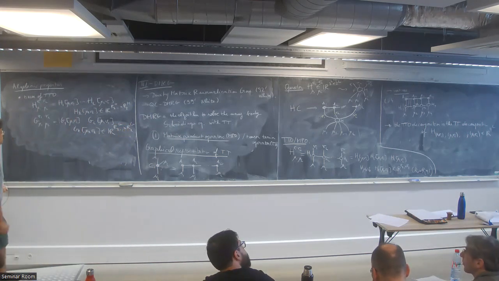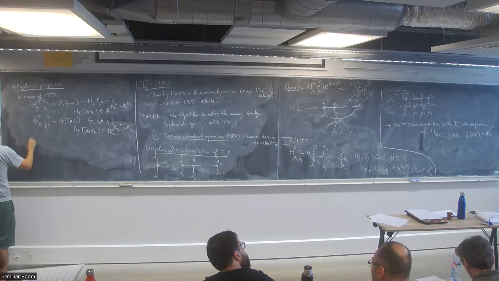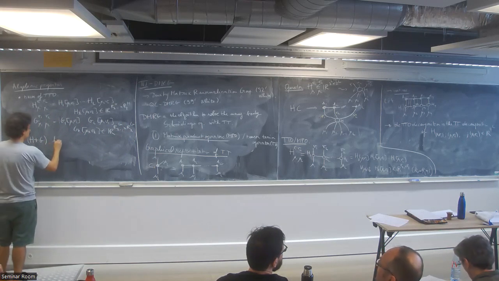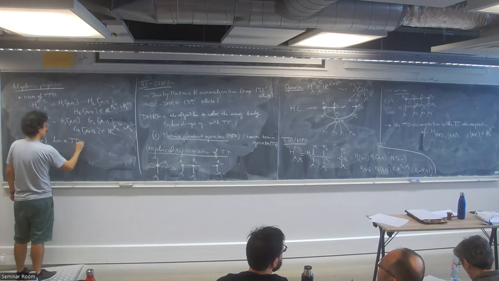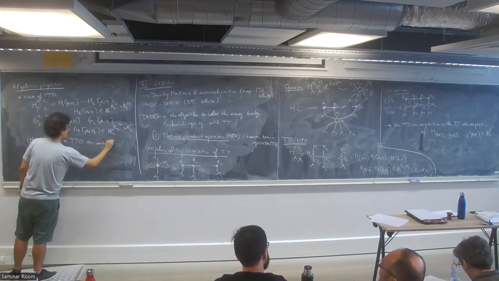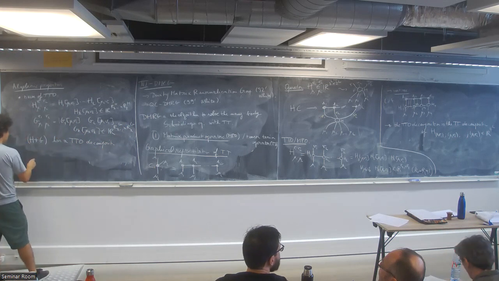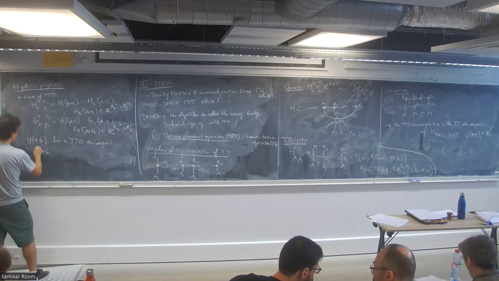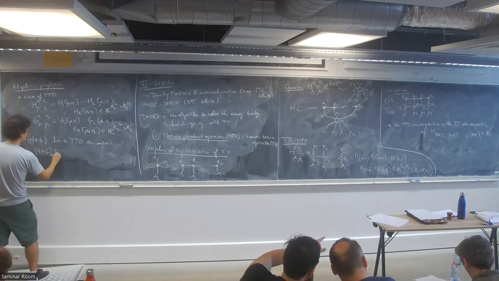Okay. So now, if I want the sum, then this has a TTO decomposition, which can be written like this. So basically, one TTO decomposition here.